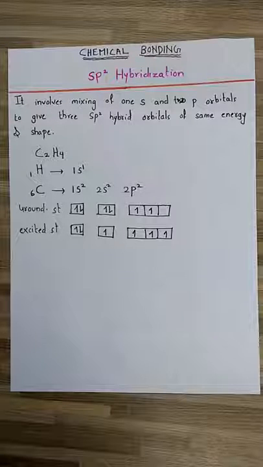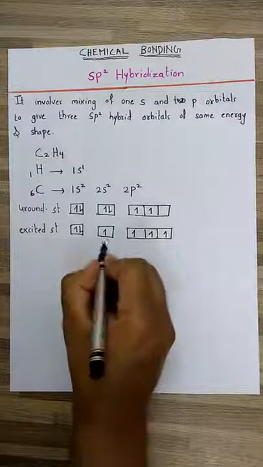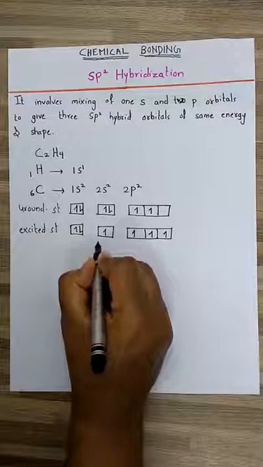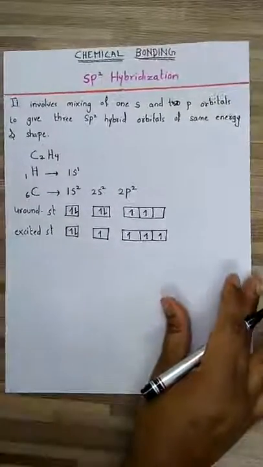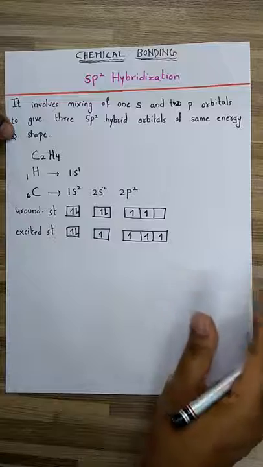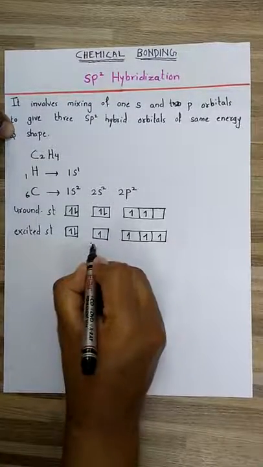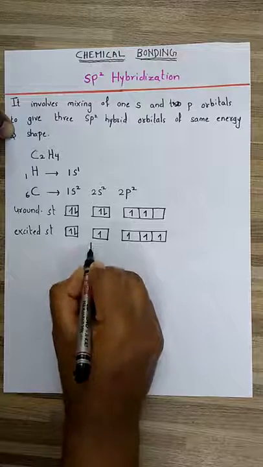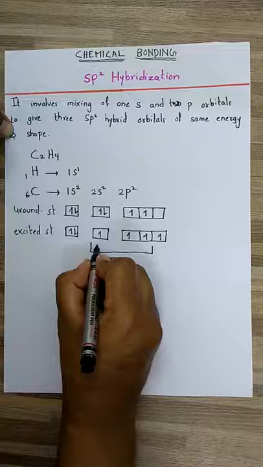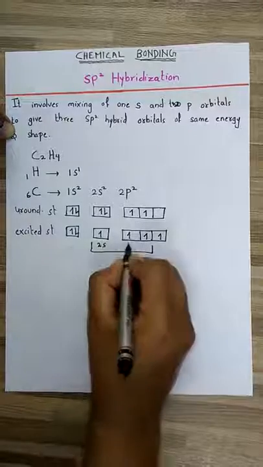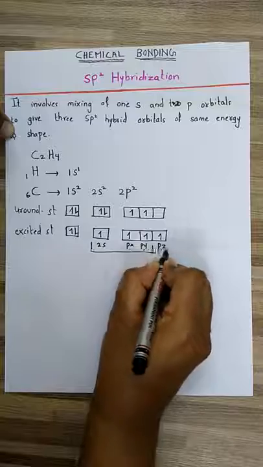Now in case of ethene what happens? One 2s orbital and two 2p orbitals undergo mixing and recasting and will form hybrid orbitals. This is your s orbital, this is your px, py and pz.